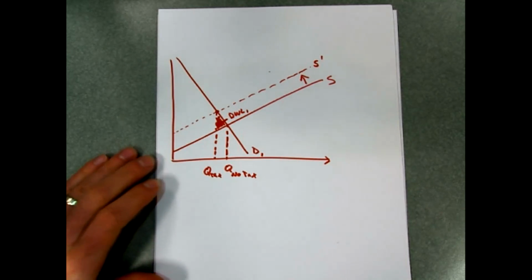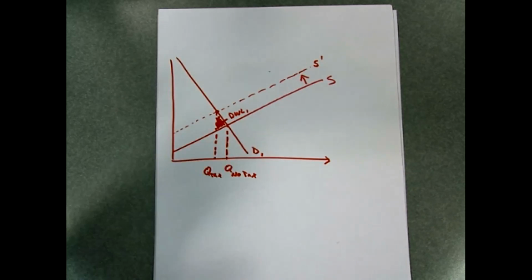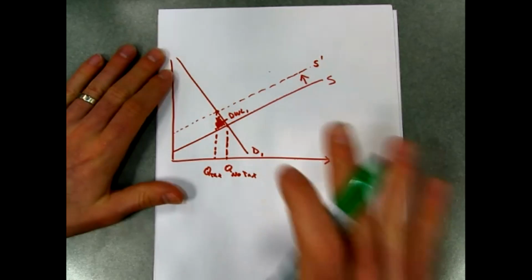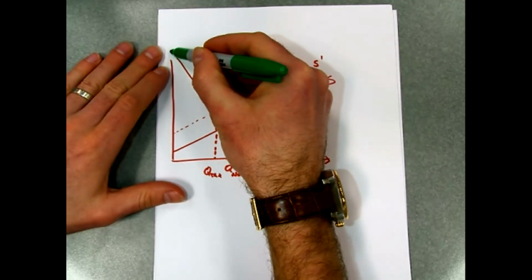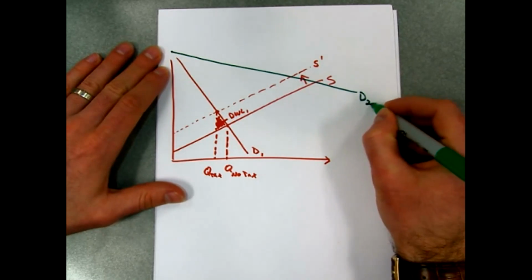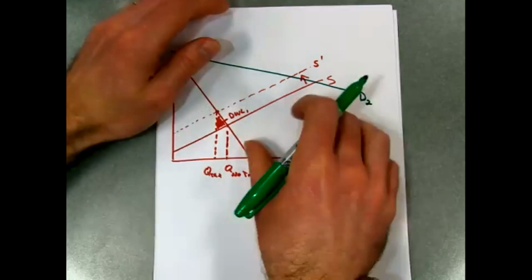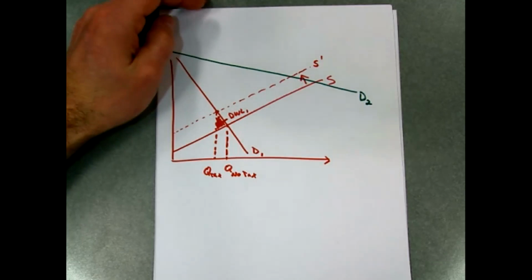I'll try to draw this as best as I can here. So if the same value of the tax was imposed, just for the thought experiment, and to put this in the same graph to really make a point, let's say I have another demand curve facing the same supply and the same amount of tax, so it's the same shift in supply.